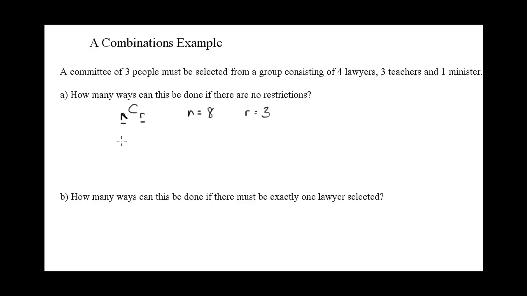So nCr would equal 8C3, which is equal to 56. So therefore, there are 56 possible committees.